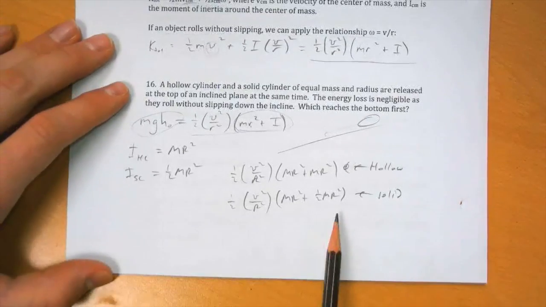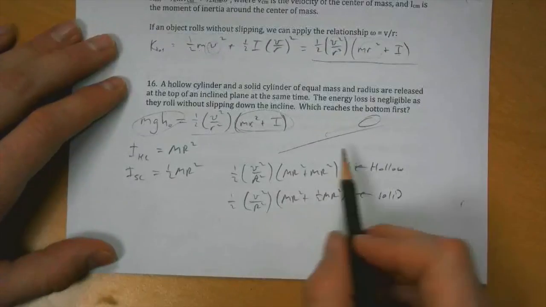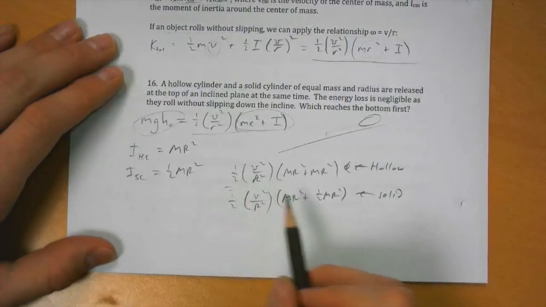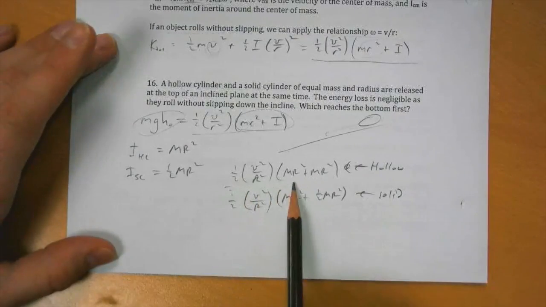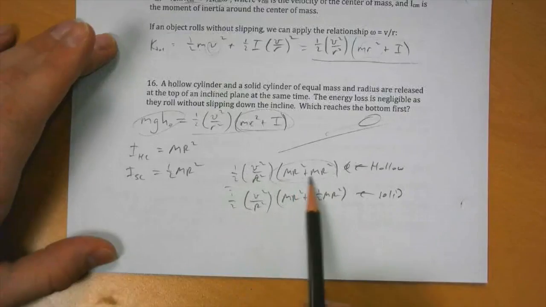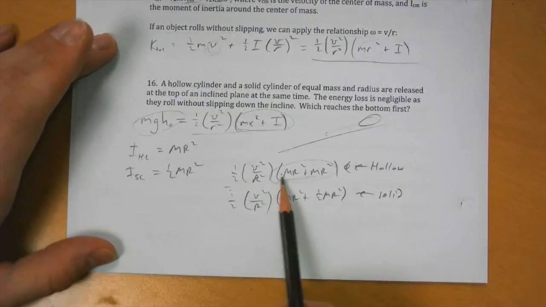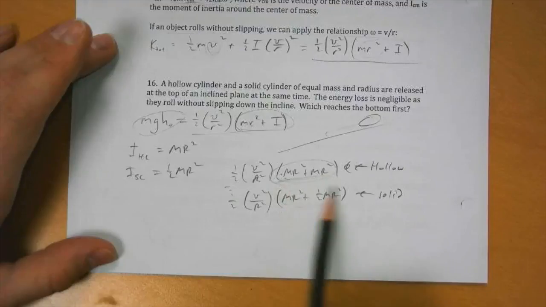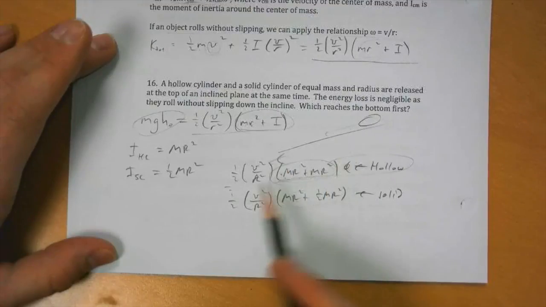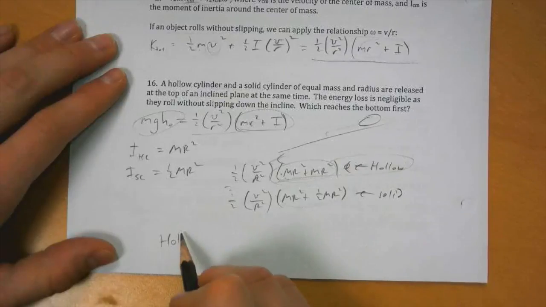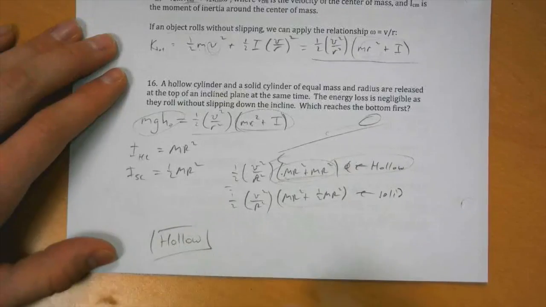These are equal to each other. So when we get along to this one, we wind up dividing out a bigger number, because the coefficient here is 2, while this is only 3/2. So the hollow cylinder winds up with a greater velocity, which means that the hollow one is the one that reaches the bottom first.